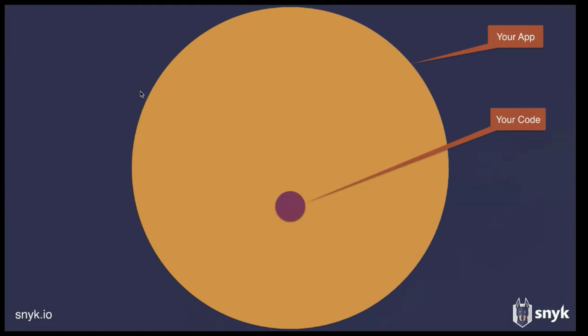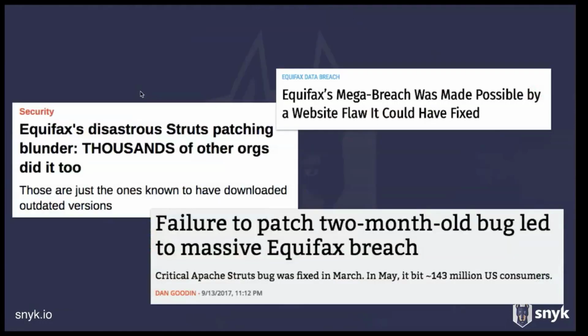When this is what your app looks like, where your dependencies account for the vast majority of your code, you're really going to want some insight into your dependencies, right? And the thing is, this has caused problems in the past, right?